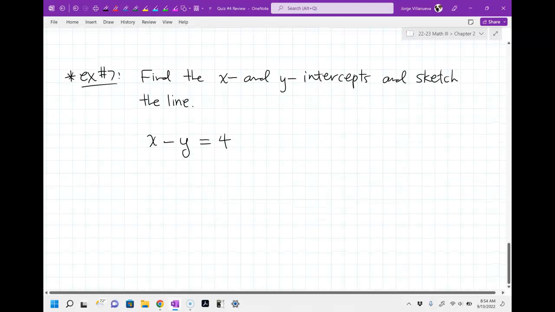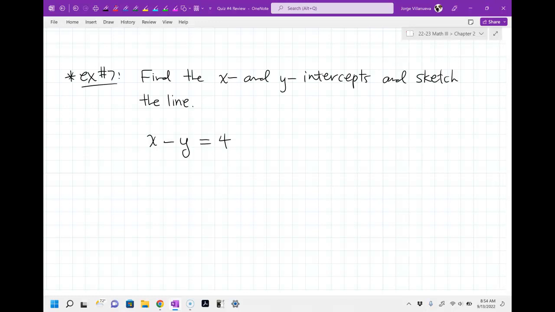So find the x and y intercepts and then sketch it. Okay, so draw a picture of it after you find the x and y intercepts. So x, y, remember I told you there's a little trick to doing this. It's these diagonal zeros, okay?